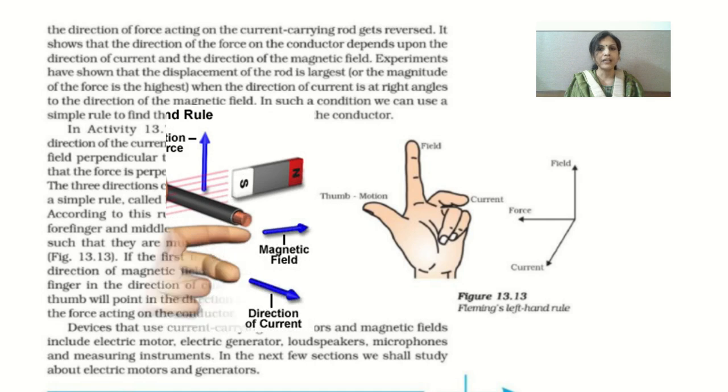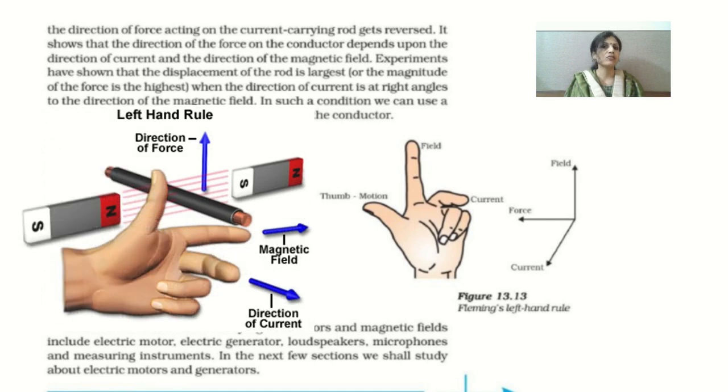And it states that if you stretch the three fingers of your left hand, that is the thumb, the index finger and the middle finger, in such a manner that they are mutually perpendicular to each other, then if the index finger is in the direction of magnetic field and the middle finger is in the direction of the current, then the thumb always represents the direction in which the force is experienced by the conductor. And with the help of this diagram, you can very well understand this.